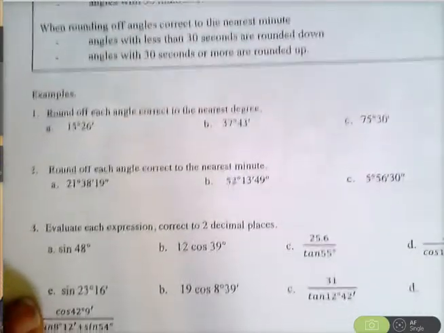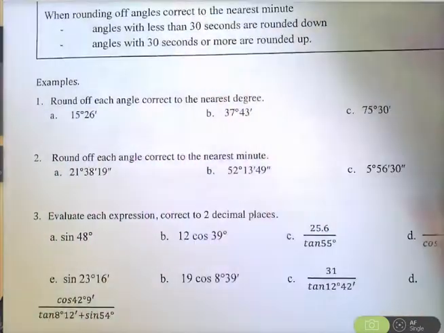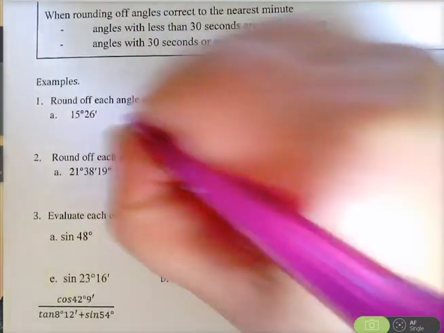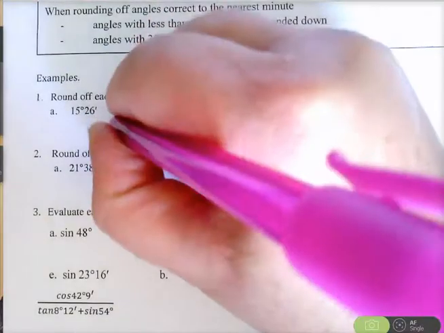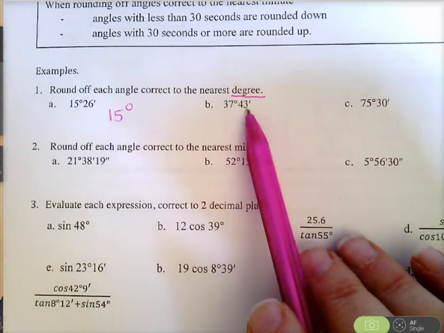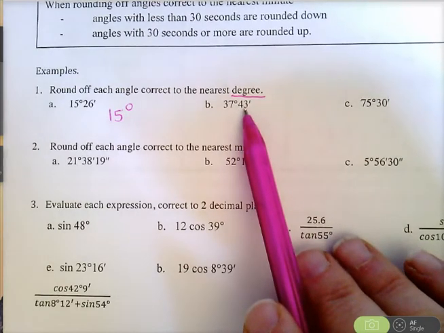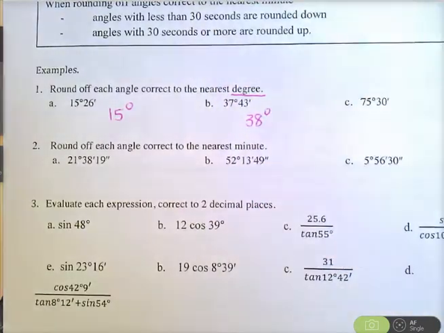Now, I think the best thing here to do is to do some examples. So here this reads 15 degrees 26 minutes. We want to round it off to the nearest degree. So 26 minutes is less than 30 minutes, so to round that off to the nearest degree, we get 15 degrees. The next one, 37 degrees 43 minutes. Now 43 minutes is bigger than 30 minutes, so it's more than halfway around, so that will round up to 38 degrees.